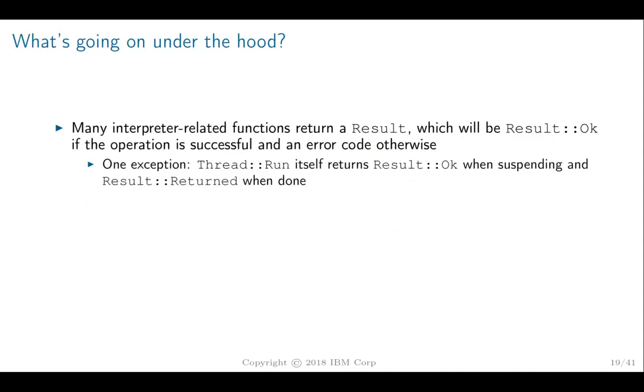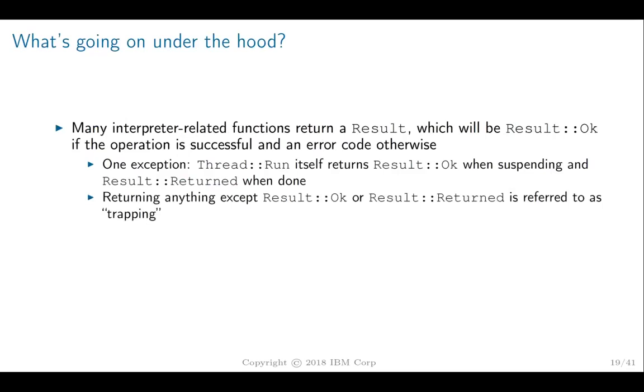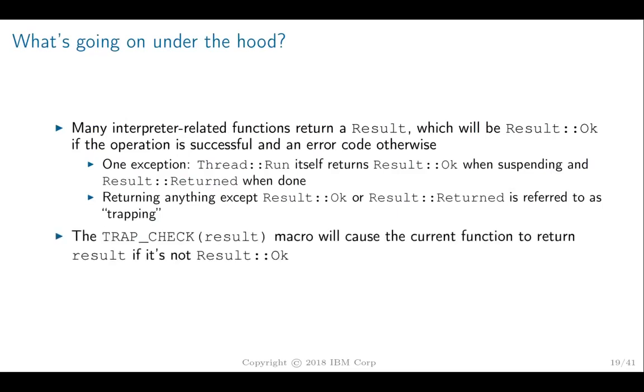For some reason, they decided result okay was for when you are suspending. Don't know why they did this, but returning anything, any result except result okay or result returned, I'm also going to call trapping just for brevity's sake. And there's this weird macro you'll see all over the place in the interpreter. It's called trap check. Basically just if the result was an error, return it.